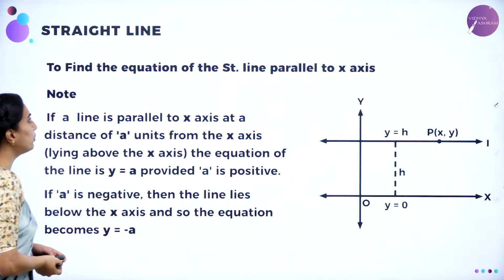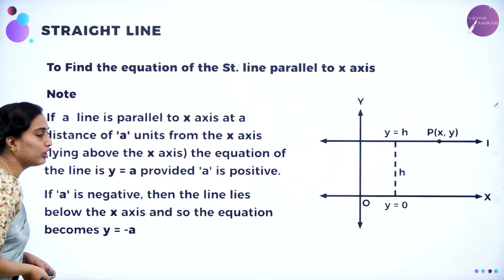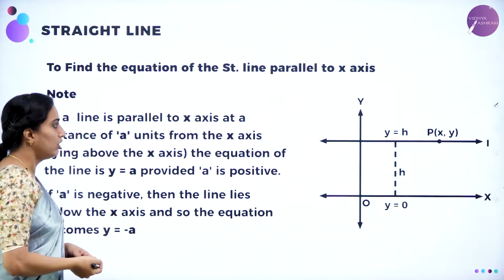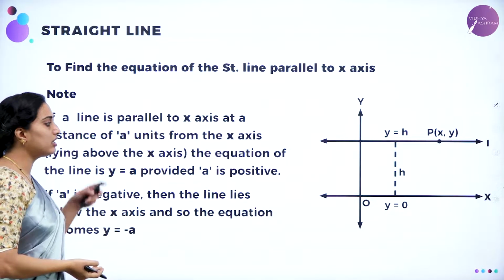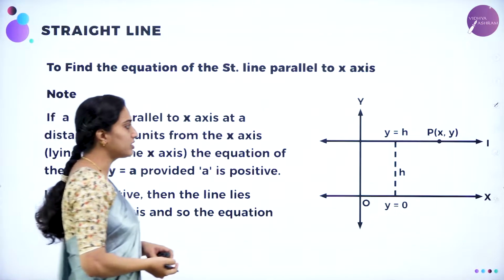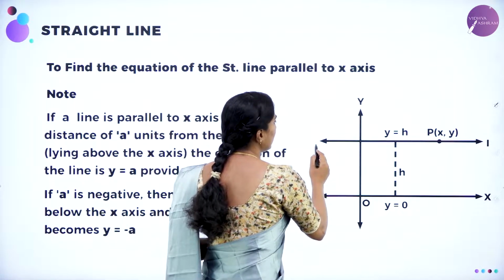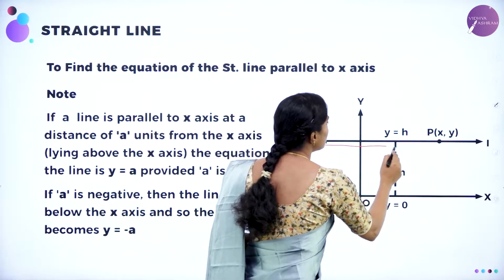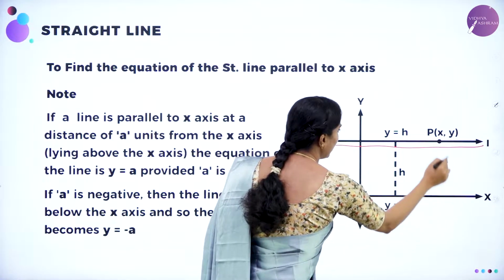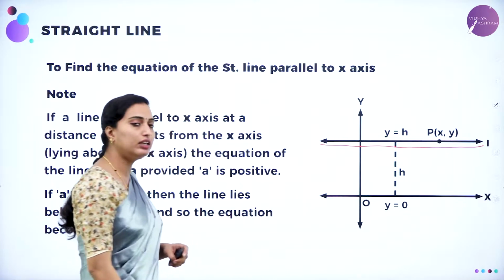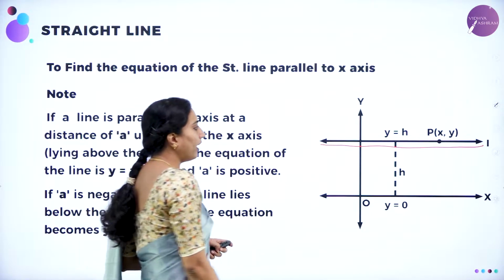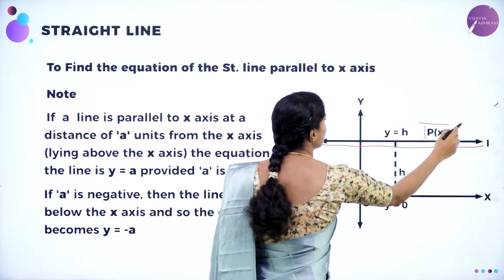Now we'll move on to the equation of a straight line parallel to the x-axis. You can observe in the diagram, dears, I have taken a line parallel to the x-axis. Here I am going to choose a point on that line as P of x comma y.